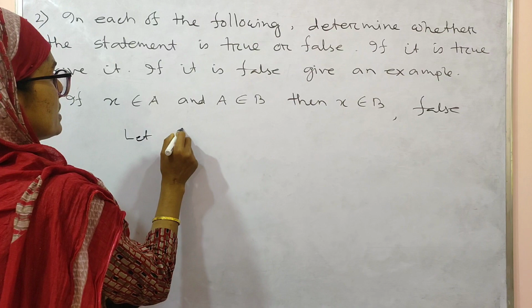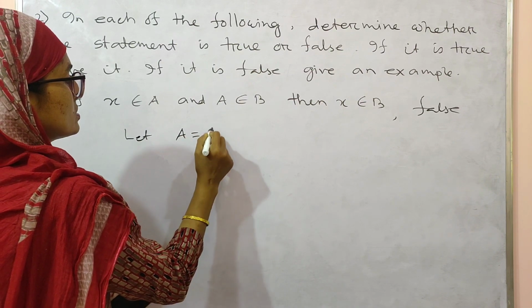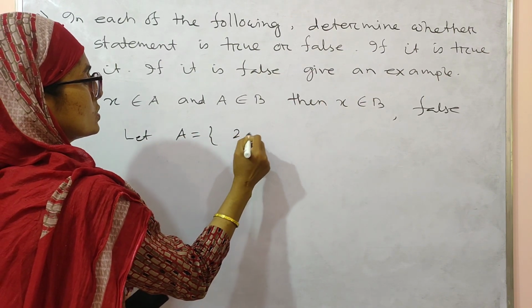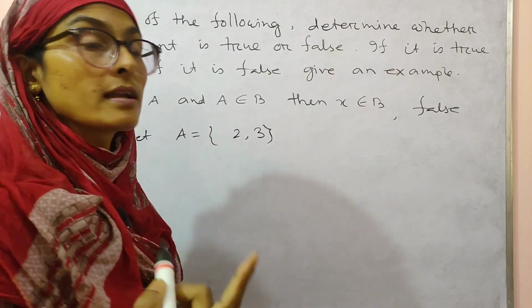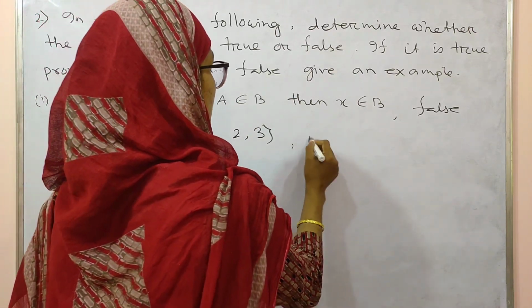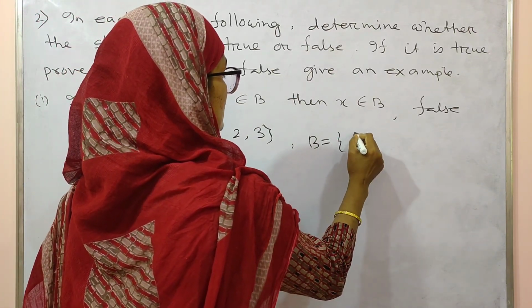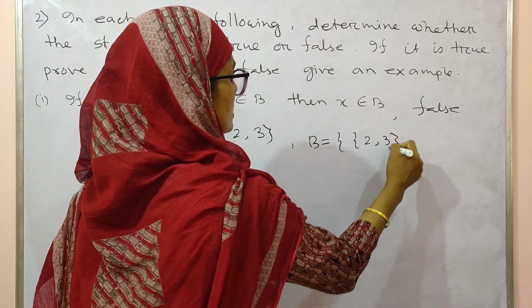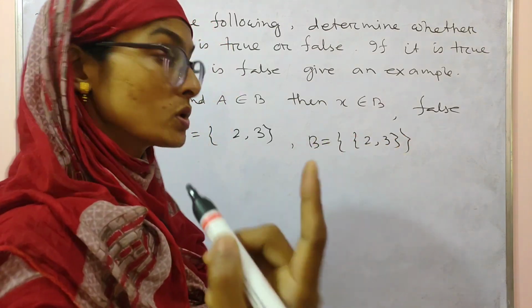Let A equal {2, 3}, having elements 2 and 3, and B equal {{2, 3}}.